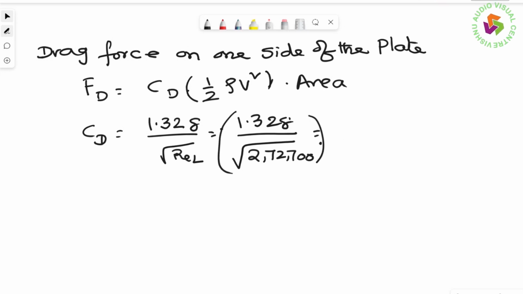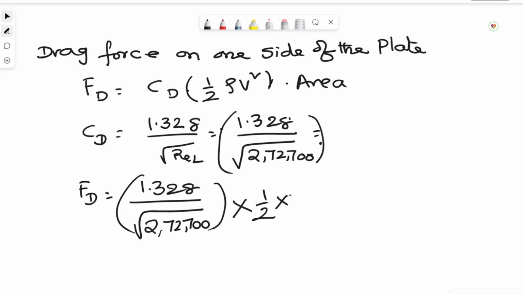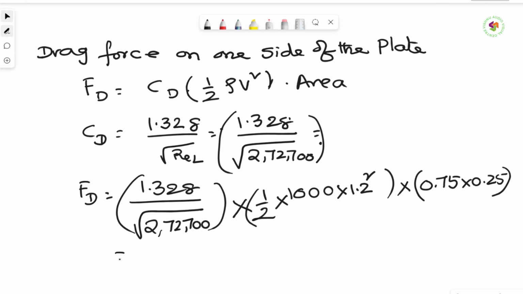Then FD is equal to 1.328 divided by root of 2,72,700, multiplied by half into rho, which is 1000 because it is water, V is 1.2 square. So this is rho V square by 2 into the area. What is the length of the plate and the width of the plate? If you do all this, you get 0.3435 newtons.